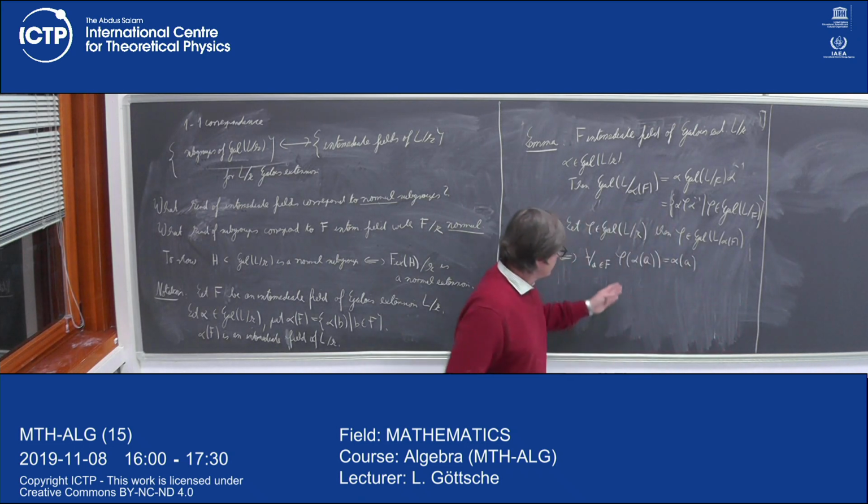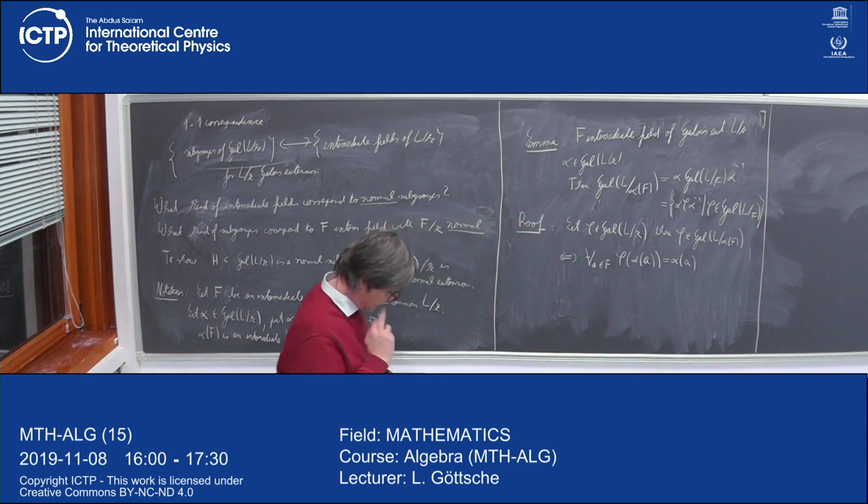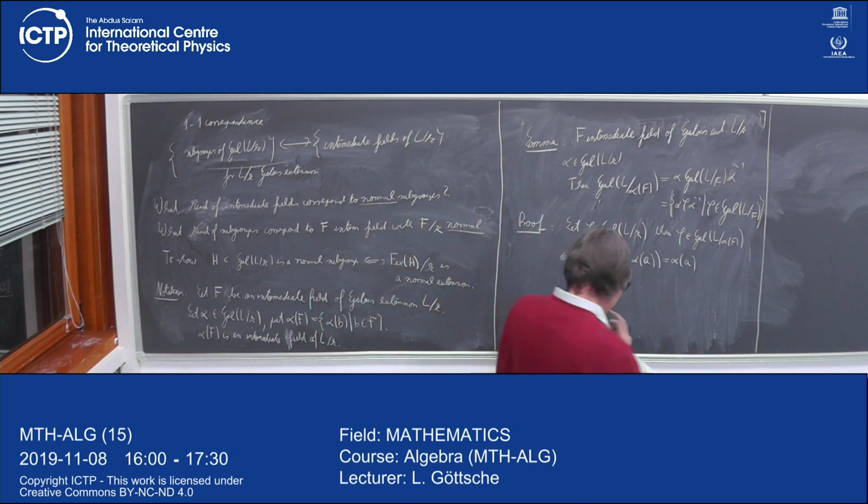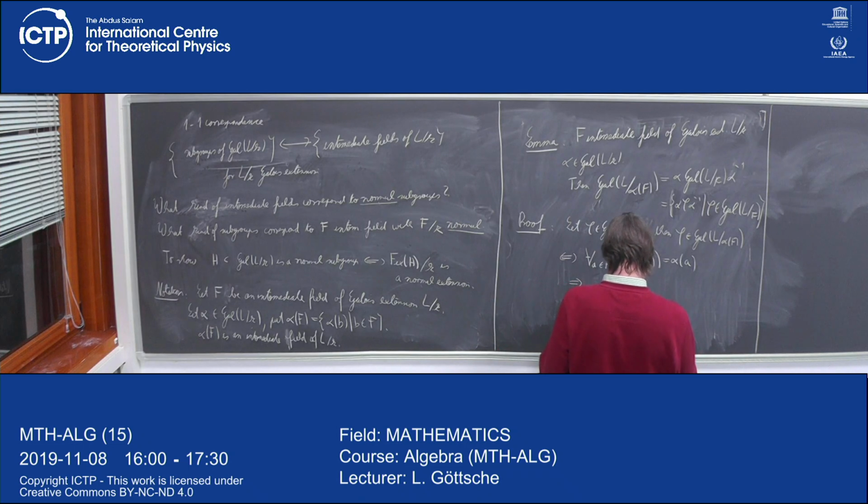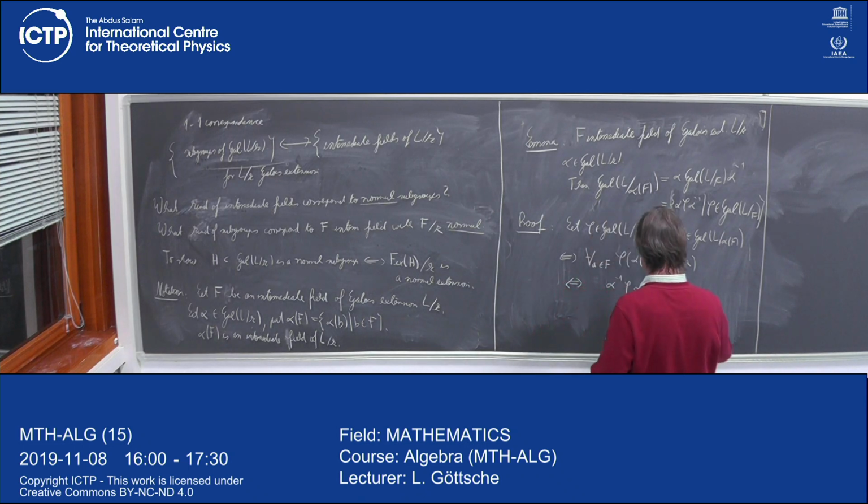So it just means that phi is the identity on alpha of F. Which is equivalent to saying that alpha to the minus 1 phi alpha is an element in the Galois group of L over F.